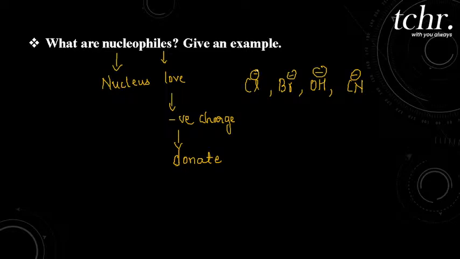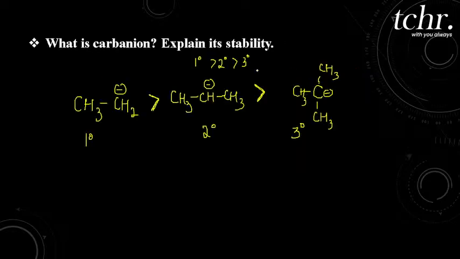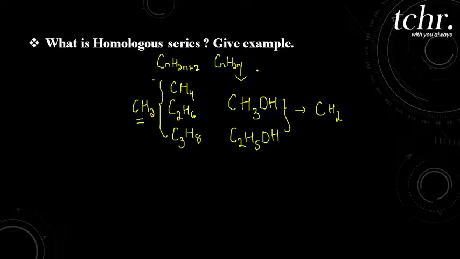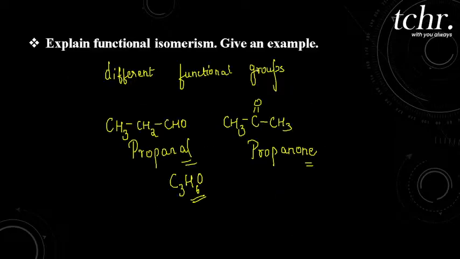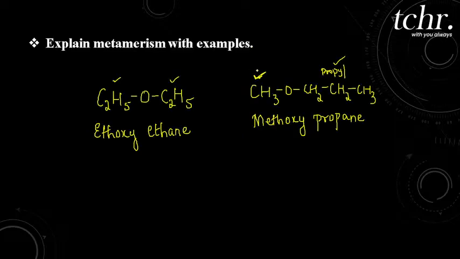So in today's session we discussed many 2 marks questions that are asked from the chapter Organic Chemistry, Some Basic Principles and Techniques. What is homologous series, what is chain isomerism, what is position isomerism, what is functional isomerism, metamerism.